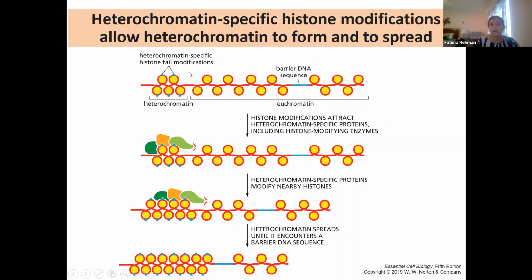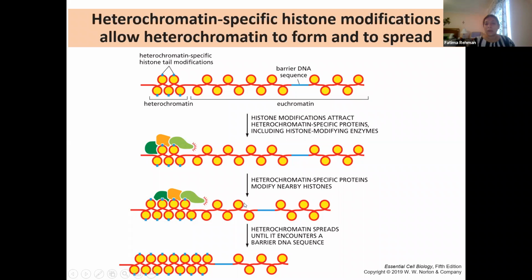Those modifications are going to recruit these units to come in, and they will continue this modification process. The heterochromatin-specific proteins that bind to it will continue to create more modifications of that kind on the adjacent DNA until they reach a barrier sequence where there is essentially like a linker sequence where there is no modification present.